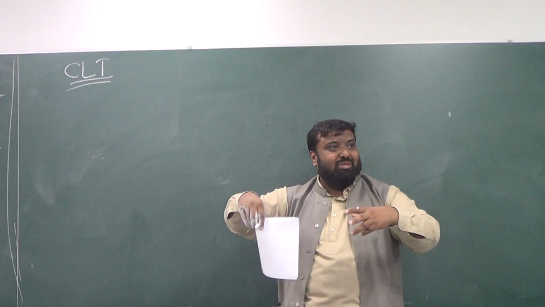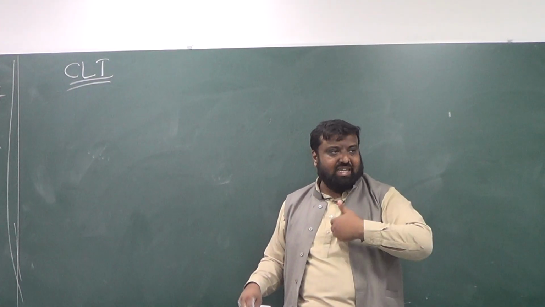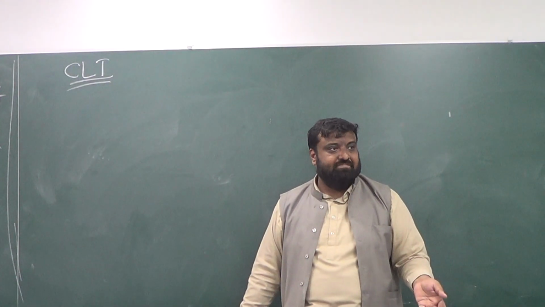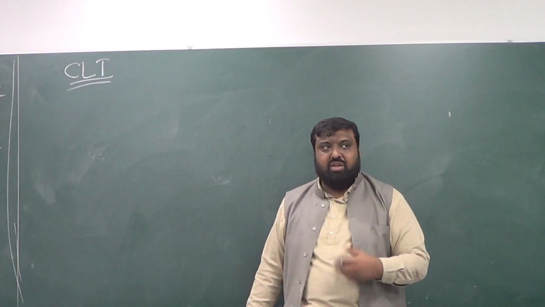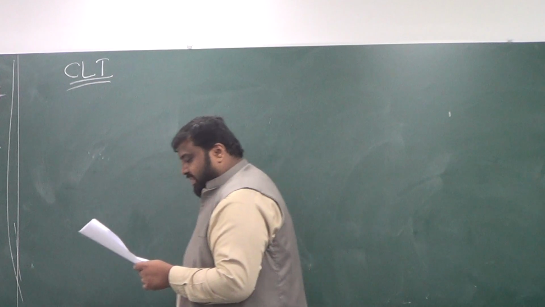It's like the central limit theorem: you collect things at one place randomly, and it follows a normal distribution. That's a miracle. You will see why this miracle is so powerful.